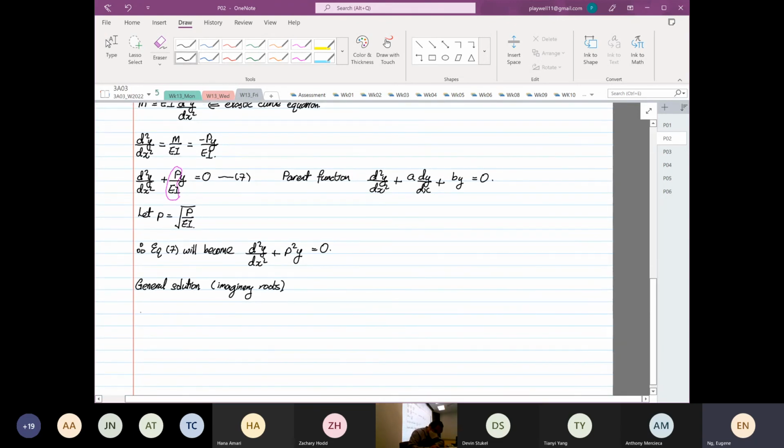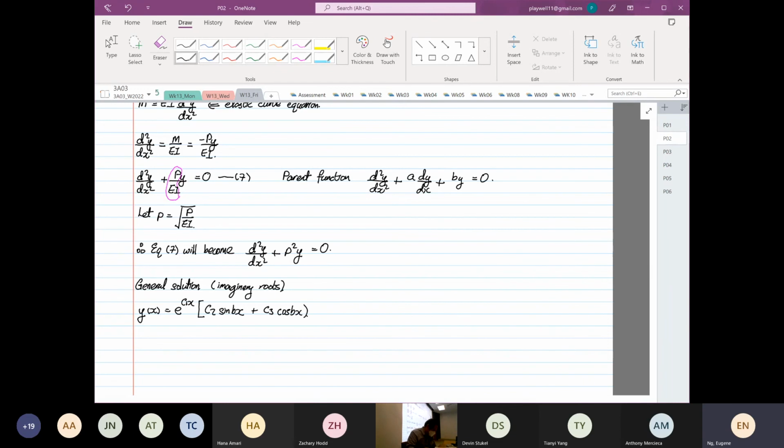So what we have is y as a function of x is equal to e to the c1 x, then we have a bracket, c2 sine bx, plus c3 cos bx. Okay, we have it in this form, right?